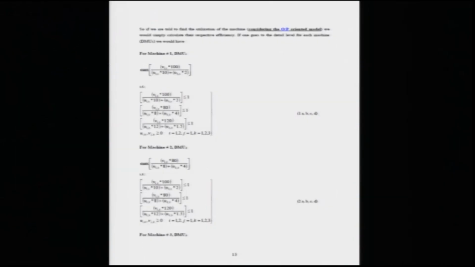So for machine 1, obviously it will be maximization of V11 into 100, which is for the output, and for the input, because there are two things, raw materials and labor, they were 10 and 2. So it will be U11 into 10 plus U21 into 2, which will come in the denominator.